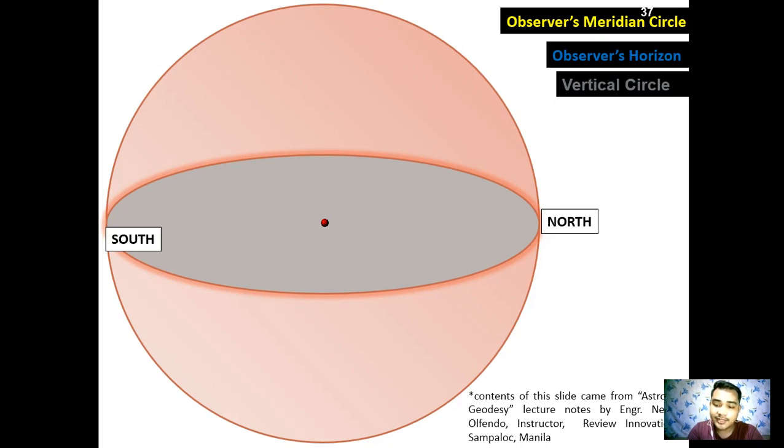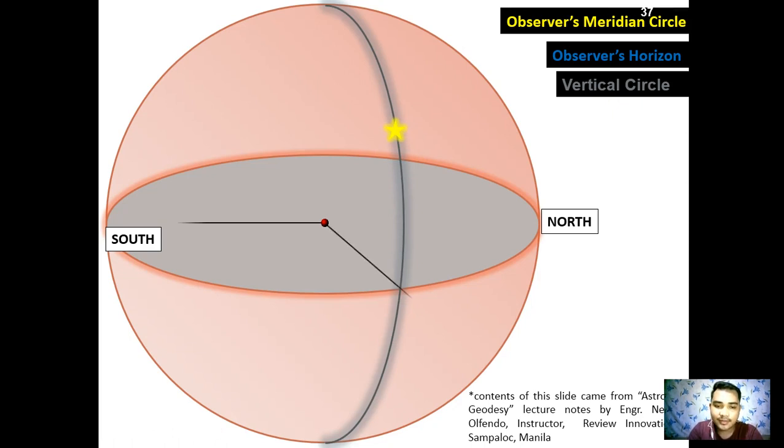Where your zenith is, wherever you are observing on Earth, your zenith is above and your nadir is below. The vertical circle is from zenith to nadir, connecting the star or the celestial body you need to locate. The vertical circle and the observer's horizon are 90 degrees to each other.